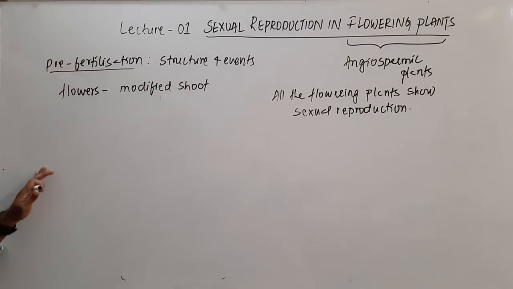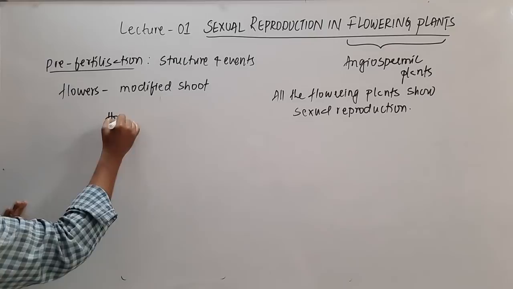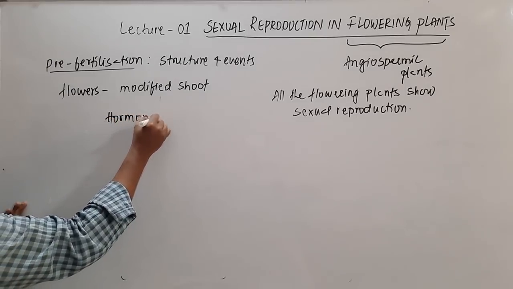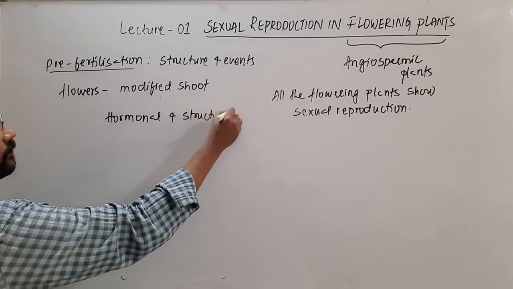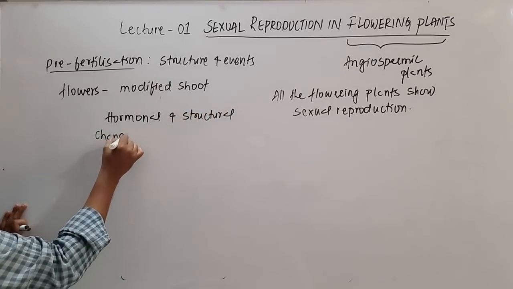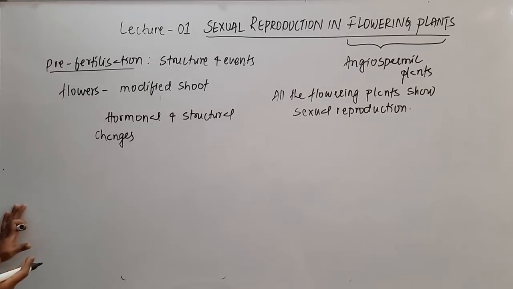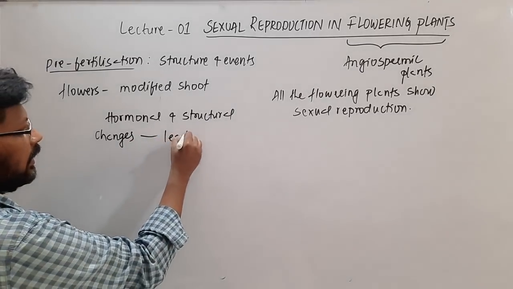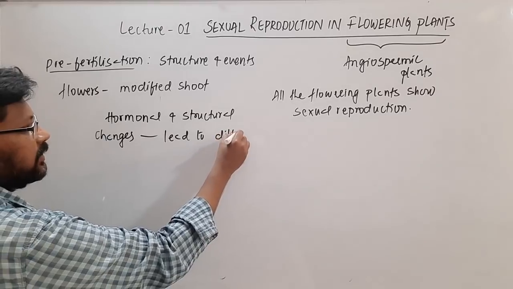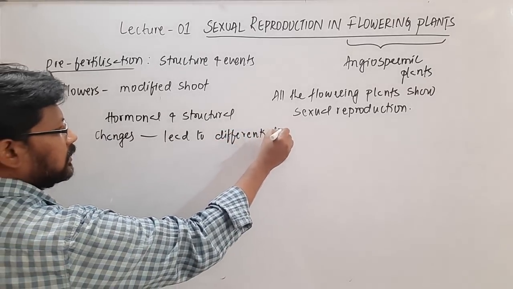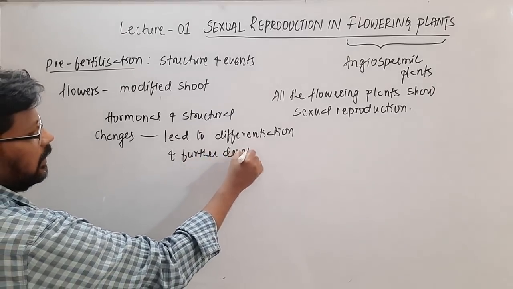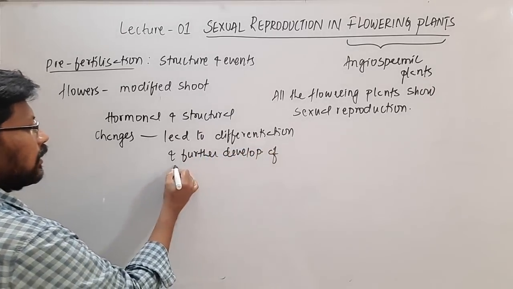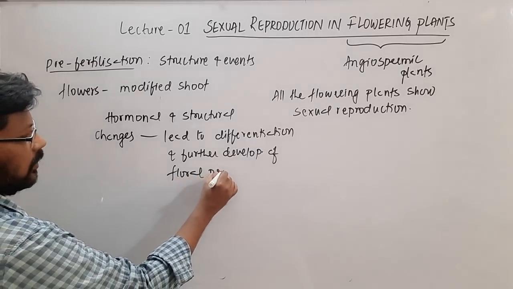So the shoot gets modified to produce these flowers, and for this, several hormonal and structural changes take place, and these changes will lead to differentiation and further development of the floral primordium.